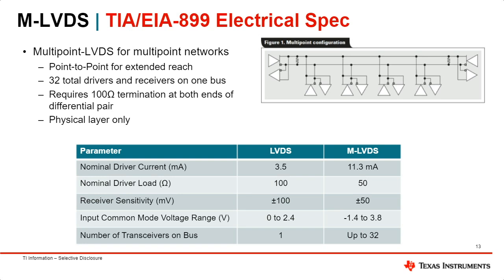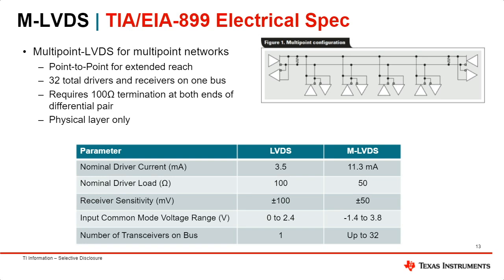LVDS's 3.5 milliamp current drive is not large enough to produce a large enough differential voltage based on the loading for a multi-point configuration. And so that's one of the differences that MLVDS makes, increasing the nominal driver current to about 3 times that of LVDS to be able to support the additional loading on the bus.